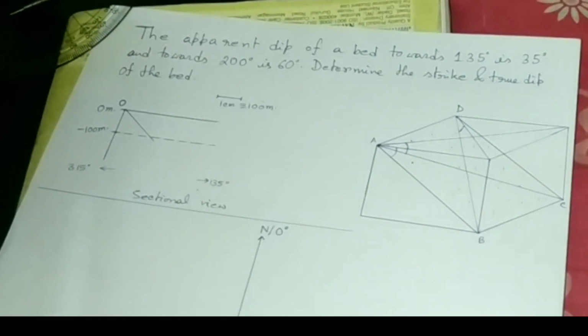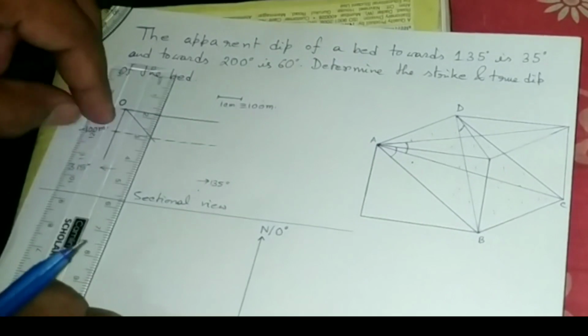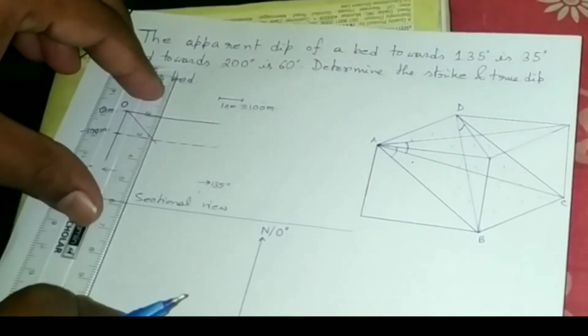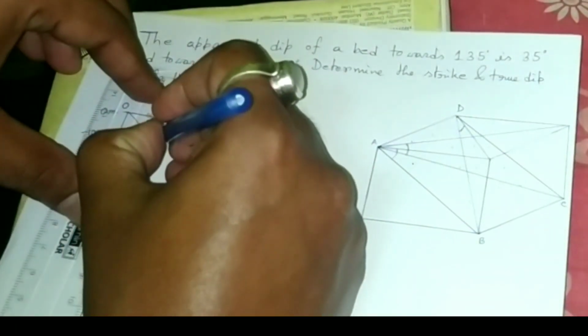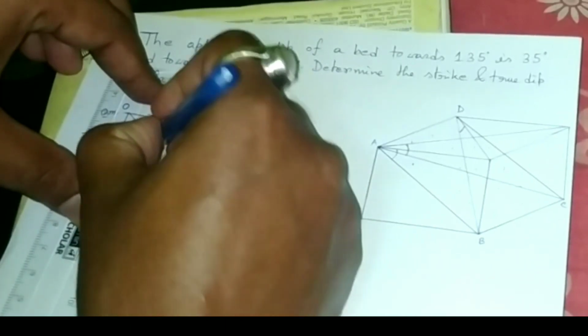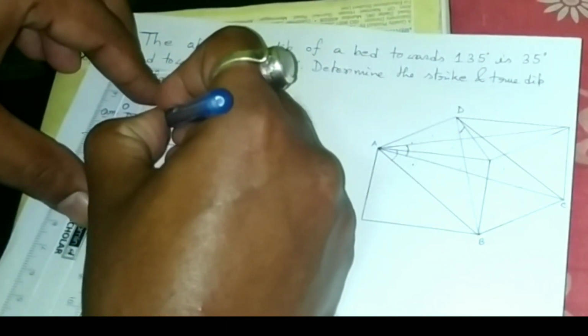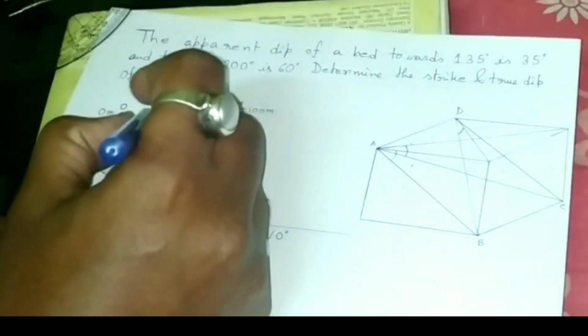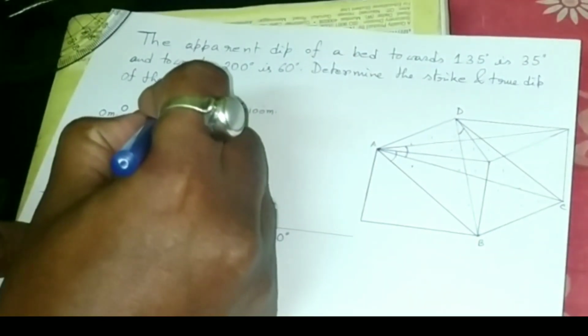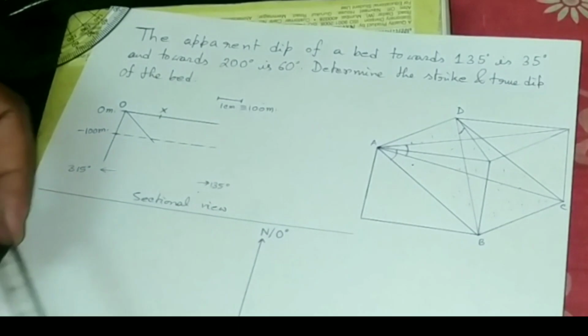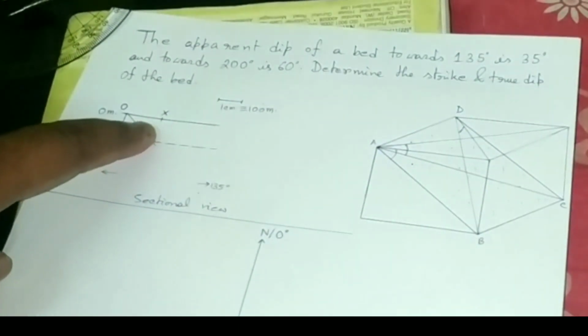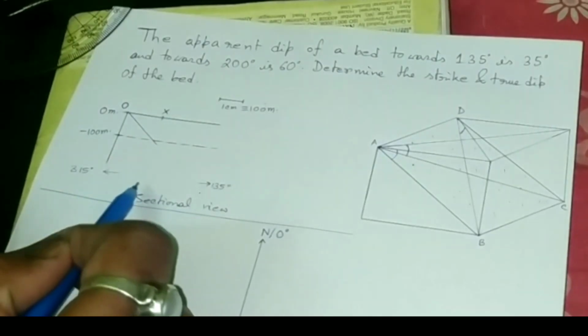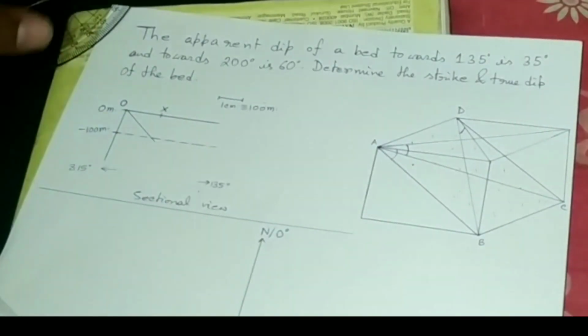So for getting strike spacing, what we need to do, this is the intersection with the strike line. Suppose OX, this is the strike spacing, and the trend is 135 and 315.